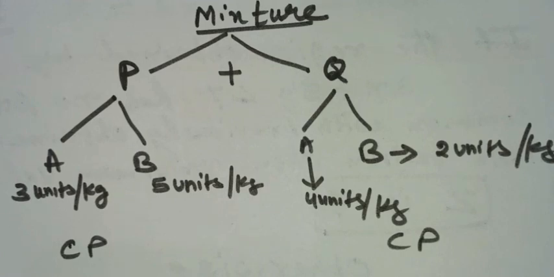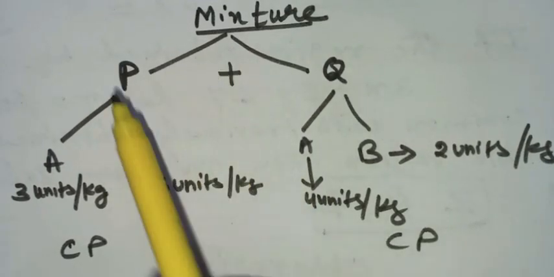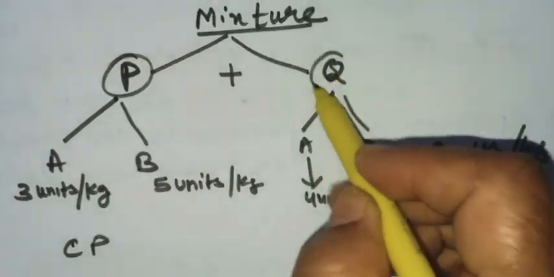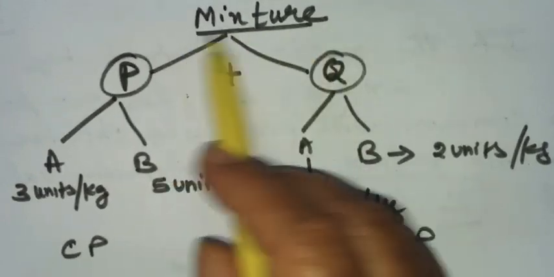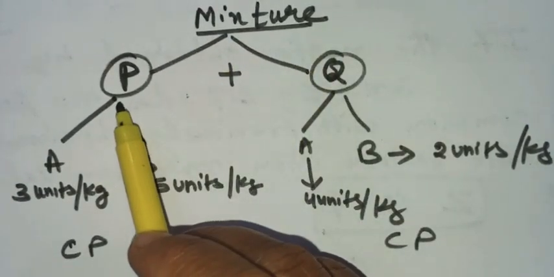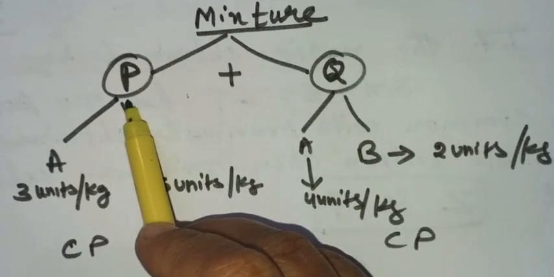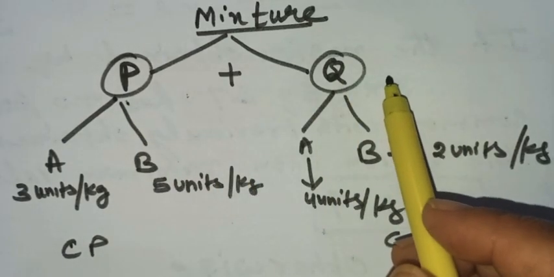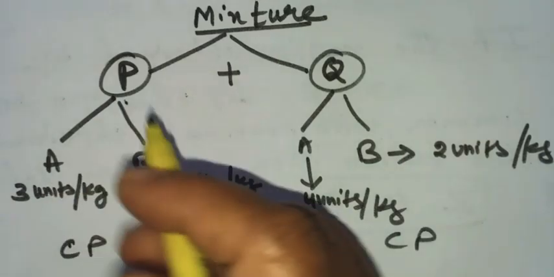So, let us analyze the situation. The situation is that she is mixing food P and food Q, adding them and making a mixture. And the biggest question is in how much quantity should I mix food P and food Q? Whatever is unknown, it is a very old mathematics rule that whichever quantity is unknown, we assume that to be x.